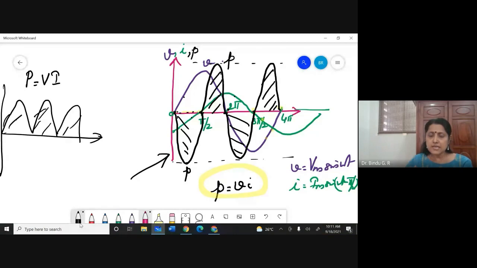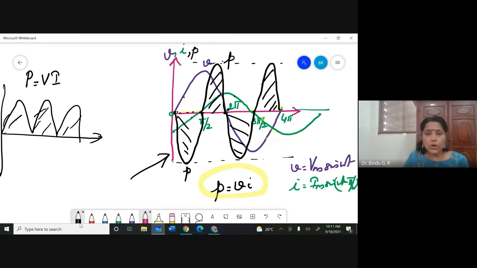Energy is being supplied and taken back every time, and no energy is being consumed, no power is consumed in the inductance. Such power is called reactive power. The power is supplied to the inductance only to set up a magnetic field, and later on, in the next cycle, that energy is supplied back to the source.